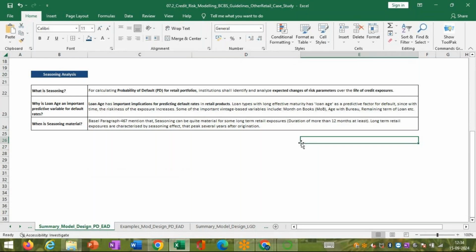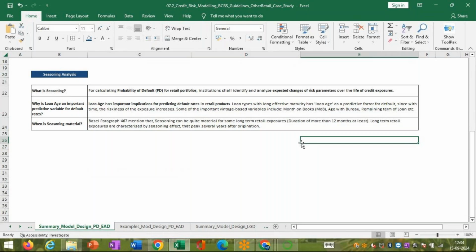The problem with using non-seasoned accounts, and I will just reiterate this, is that I may see the borrower paying off very nicely in the initial 5 or 6 months, and I use their behavior to predict my PD. There is always a chance that the PD is being underestimated because of these customers, because by the eighth or ninth month they may have started defaulting or becoming delinquent.